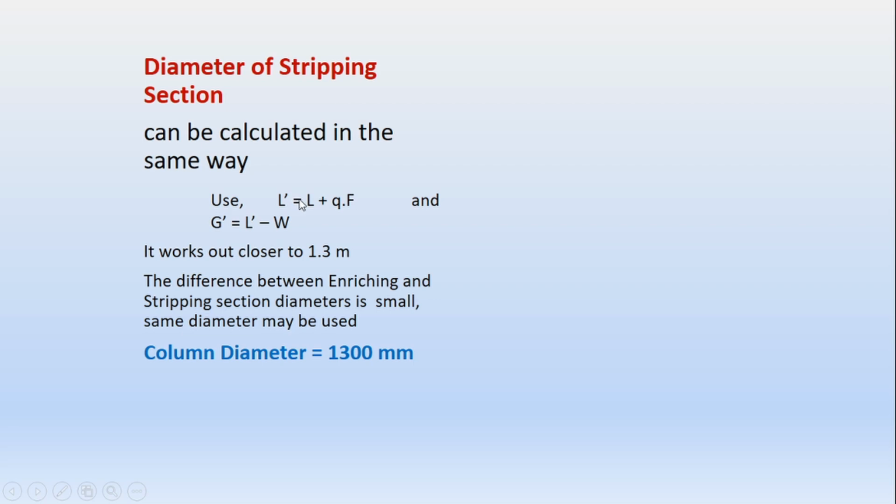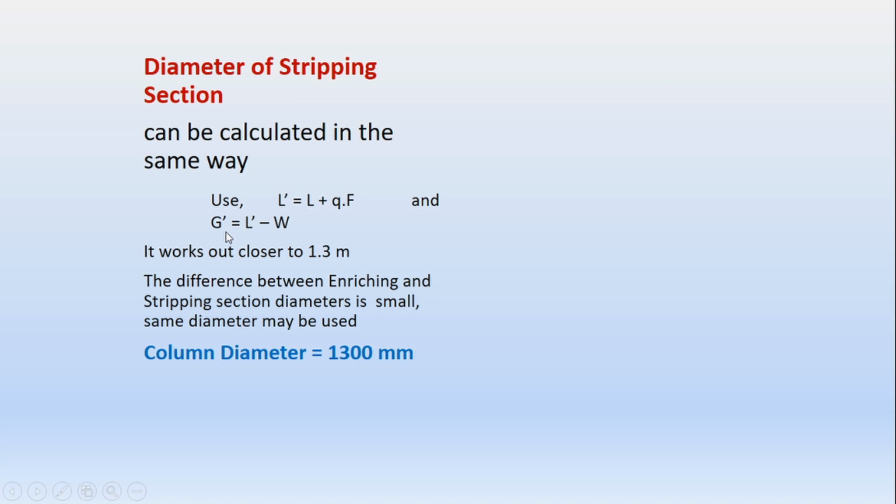The sum of this is the liquid flow rate in the stripping section. The gas flow rate is obtained as L dash minus W. Using this gas flow rate, again find out the volumetric flow rate, because this is given in terms of kilomole per hour. Find it out in terms of volumetric flow rate.